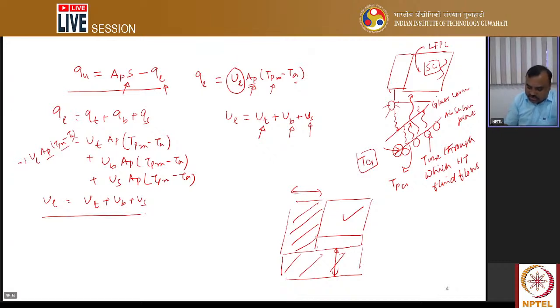Now, let us consider a condition where you have two glass covers in the cover system and one absorber plate. This may be glass cover 1, this may be glass cover 2, and here TPM is the absorber plate temperature.